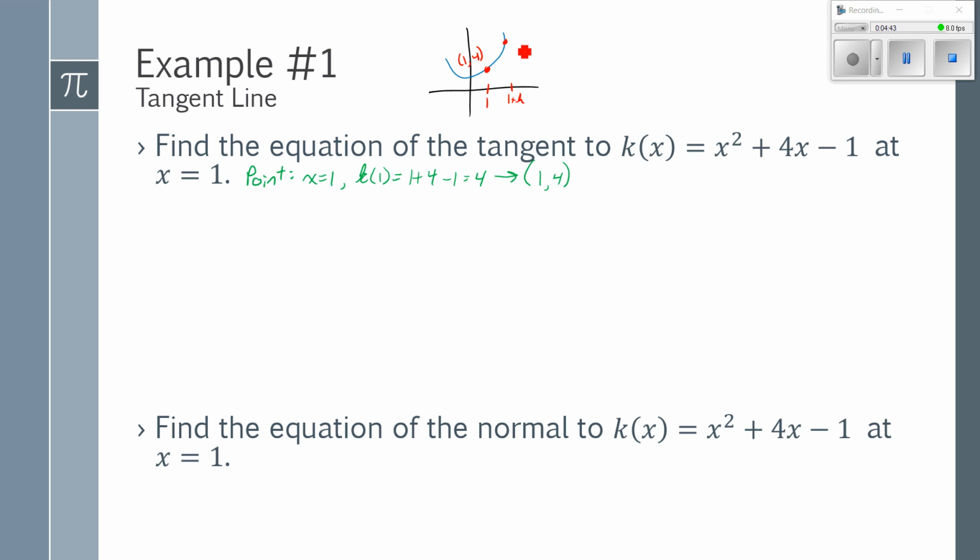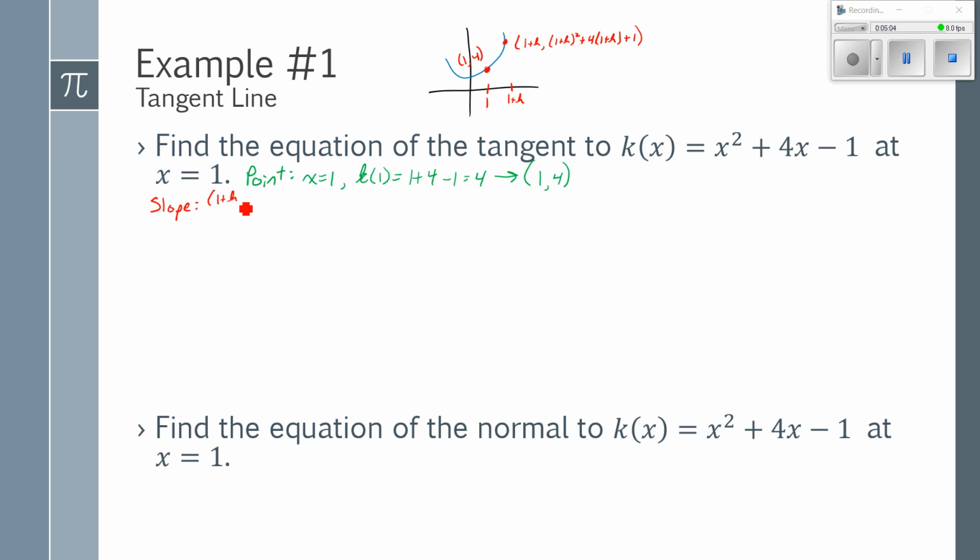If I plug that in here, I have 1 plus h for the x. I plug 1 plus h in for x in my function. So I have (1 plus h) squared plus 4 times the quantity (1 plus h) minus 1 as my y coordinate. So now for my slope, I can do change in y over change in x.